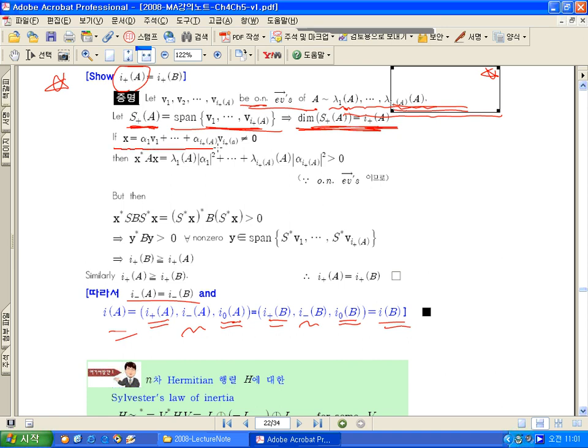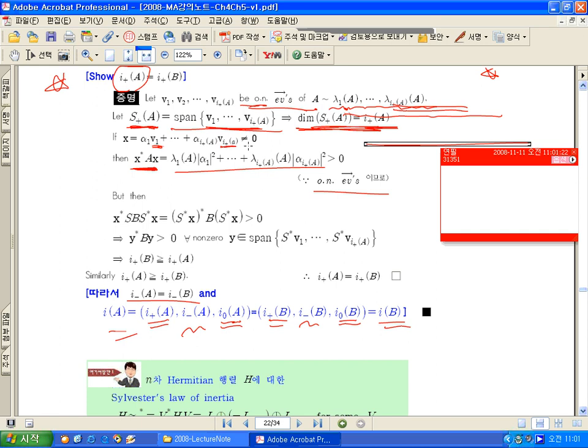Here, let X be a linear combination of those Vi's. Then X star AX can be written in this way, because the V's are orthonormal, so the cross terms are all gone and the eigenvalues are left.